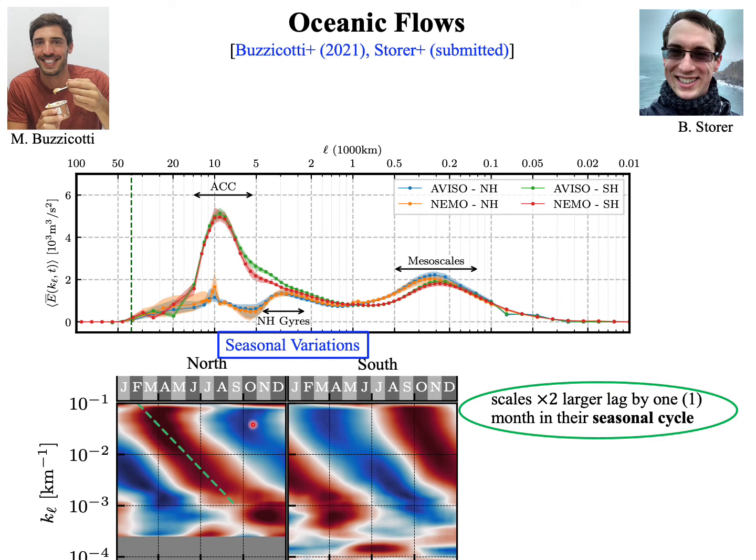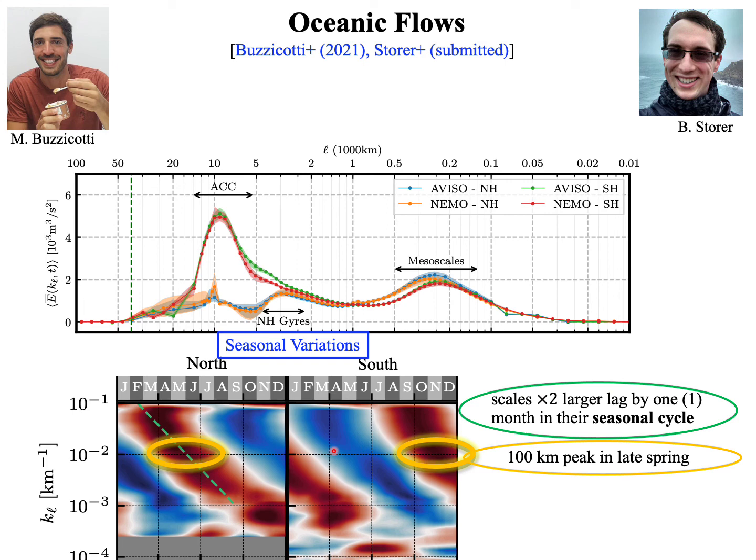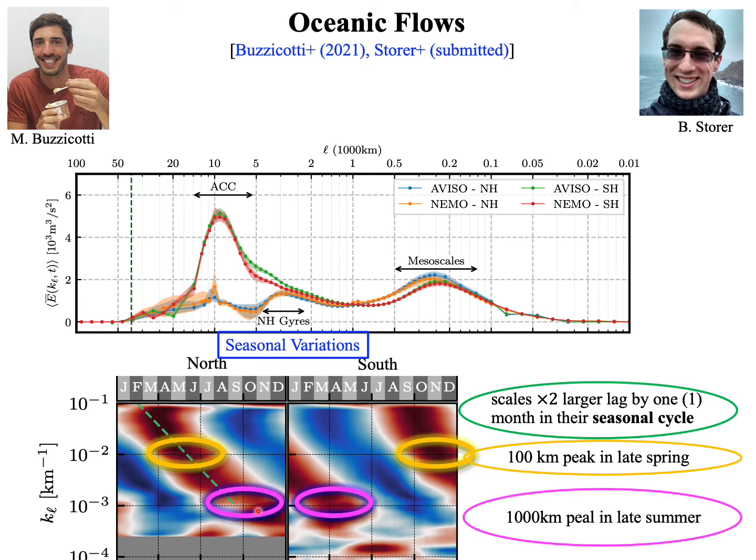One of the most striking things is that the seasonality follows almost a straight line, which tells us that scales 2 times as large lag by 1 month in their seasonal cycle. For example, 100 kilometers peaks in the late spring, 1,000 kilometers peaks in the late summer. So there's a characteristic lag time. This plot, as far as we can tell, has not been shown before, this almost straight line behavior.